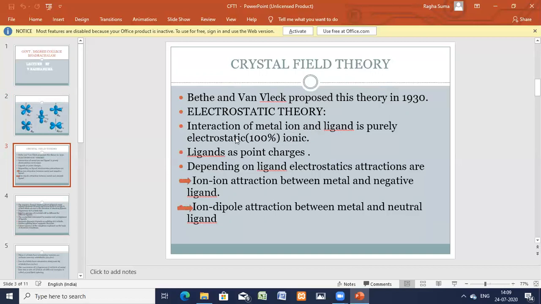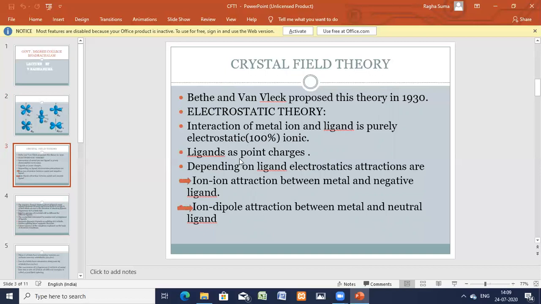So the interaction between metal and ligand is 100% ionic. According to Bethe, the ligands are treated as point charges.